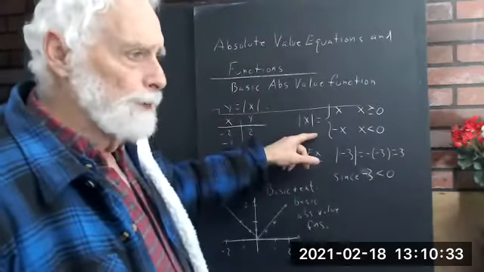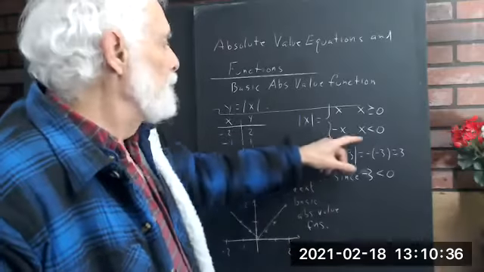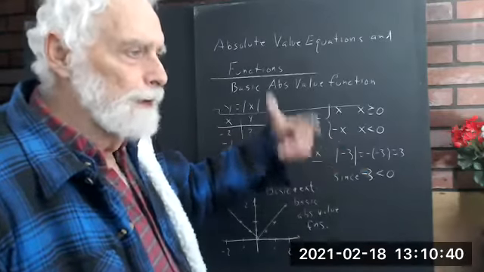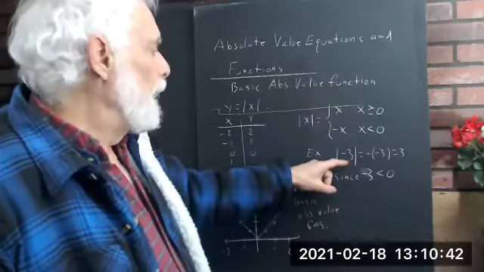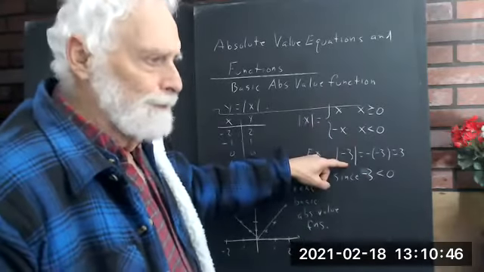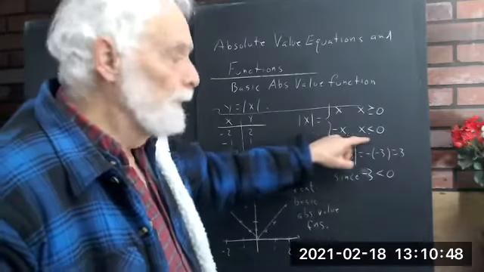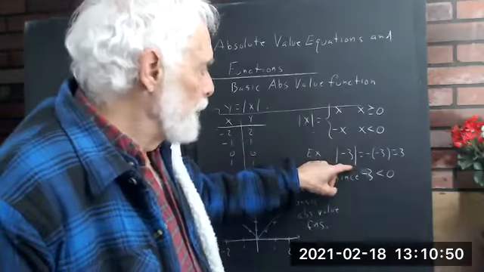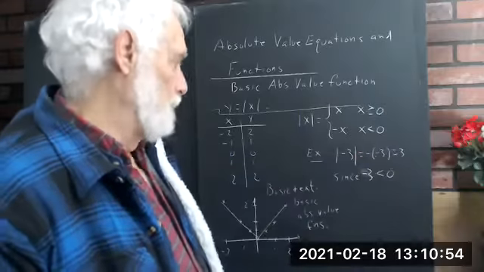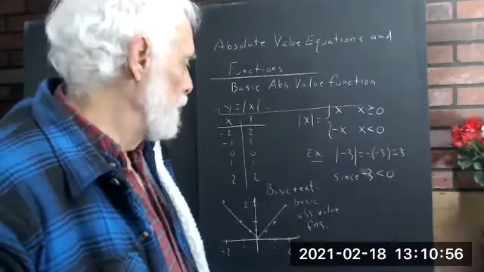Well, that's exactly what this rule does. If x is a negative number, we take its negative, and a negative of a negative is positive. So for example, absolute value of -3 would be calculated here. Well, that's an x that's less than 0. We use this part of the definition, and that gives us the negative of x, which is the negative of -3, which is 3. It's often a confusing definition.